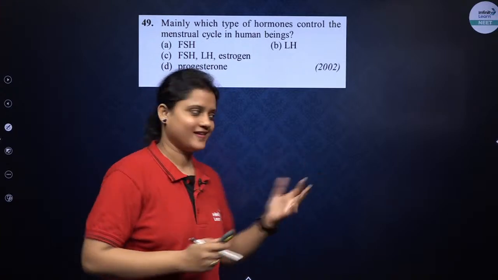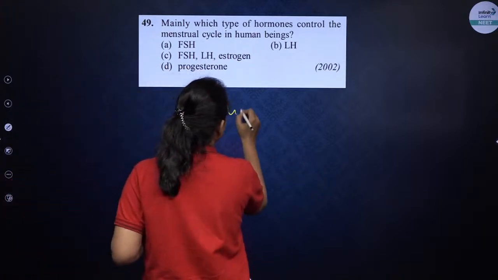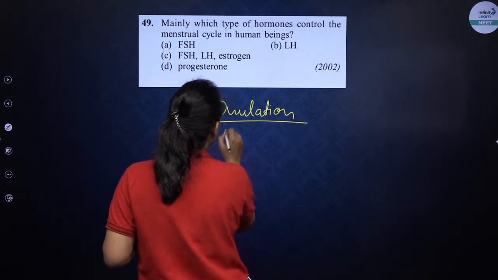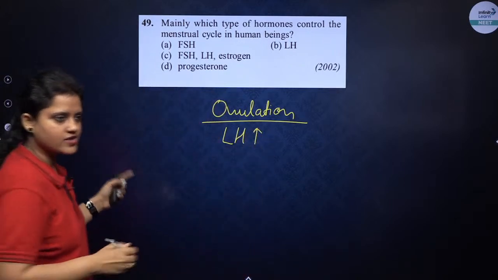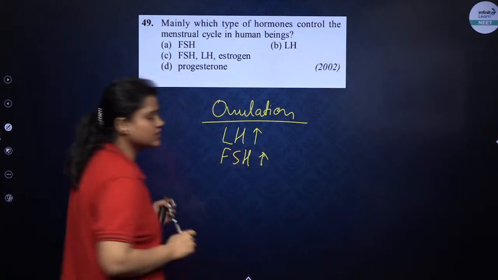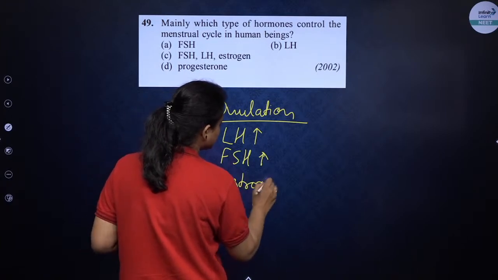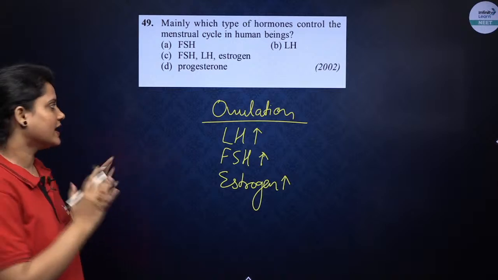Can you recall that for ovulation, LH surge is required. LH hormone should increase in concentration. FSH hormone also should increase in concentration. Estrogen, which is a previous year question, should also increase in concentration, and then only ovulation can occur.